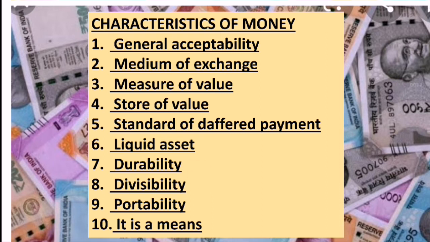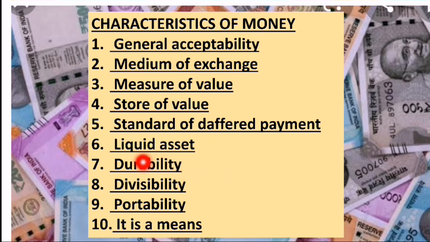Now what is durability? It is not perishable, you can keep it with you for a longer time. That is, it is durable, it can be used again and again. For example, tomatoes perish just after one use, because people would have eaten them. But people will not eat money directly.